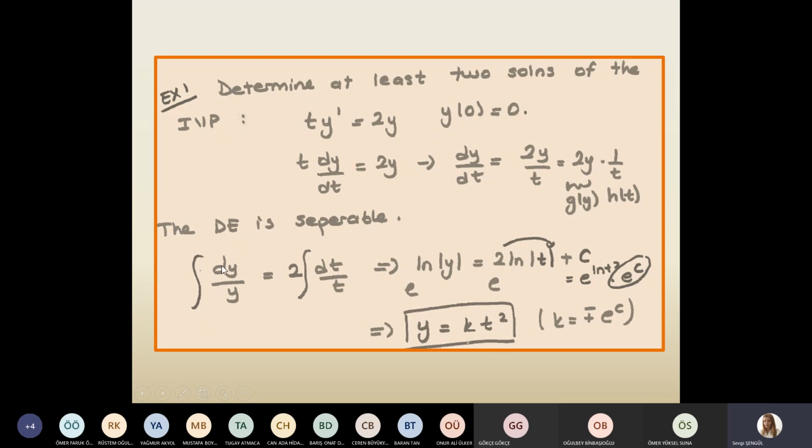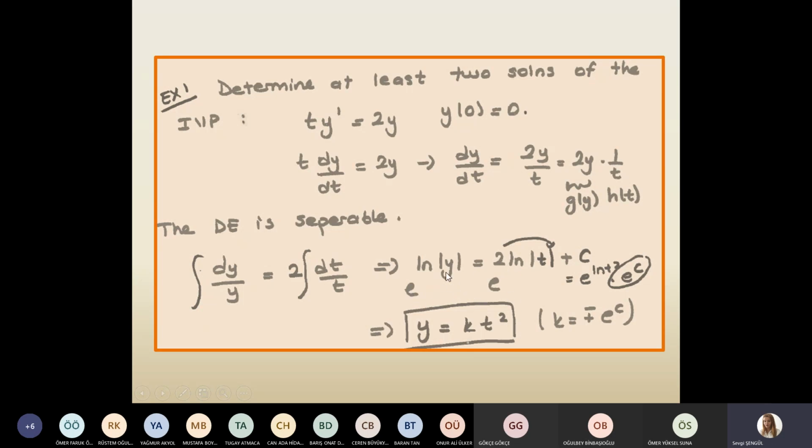If I take the integral, the left-hand side will be ln y, the right-hand side will be 2 ln of t. Since I want to get rid of these ln's because I want to solve it for y, firstly I can move this 2 as a power to t, and then I can take the exponential just as I did in here.